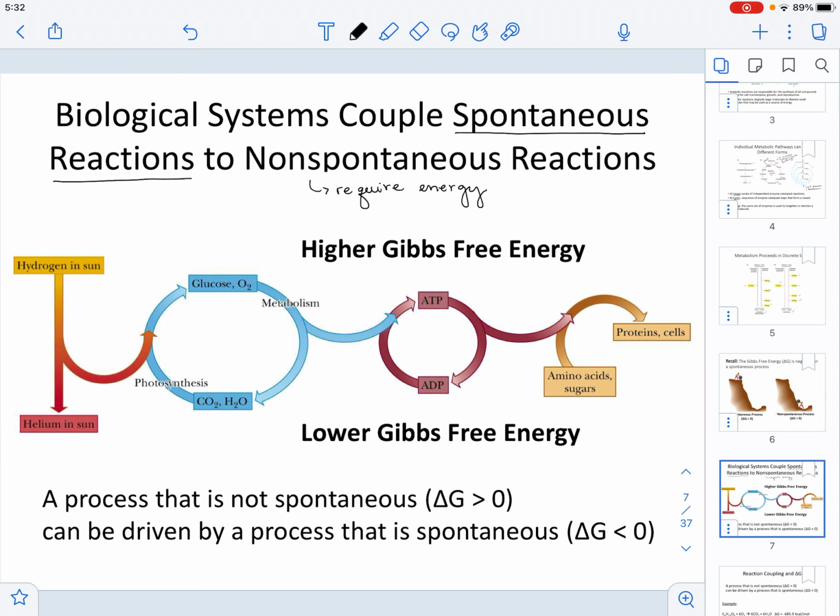The image in the middle is just representing specifically how we can relate it to some processes that are going to be happening in plants.